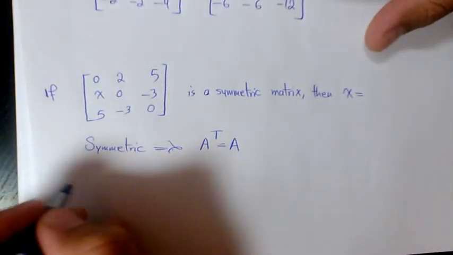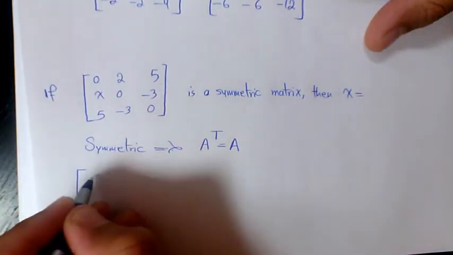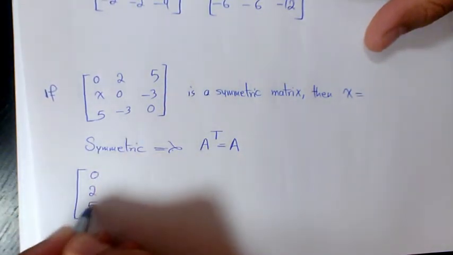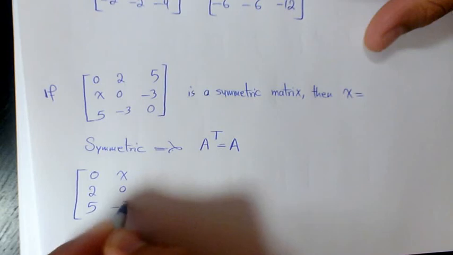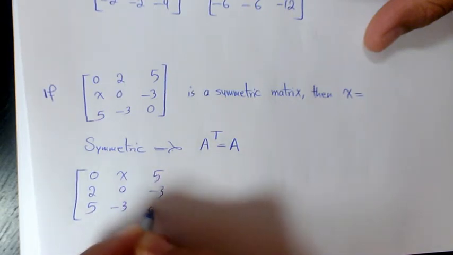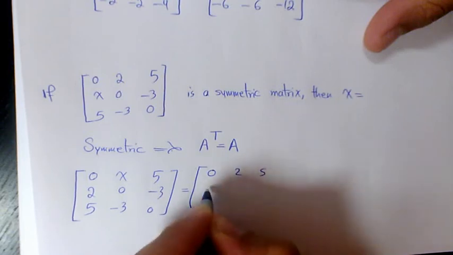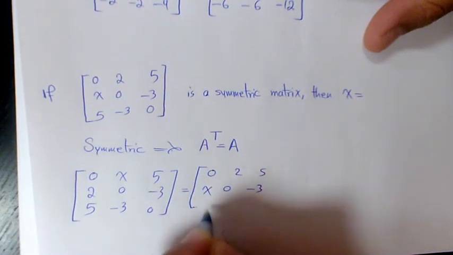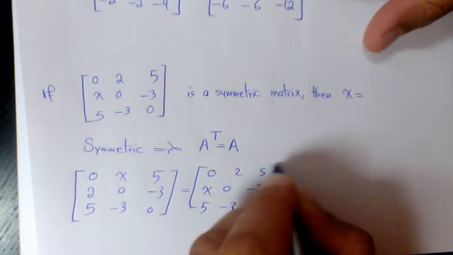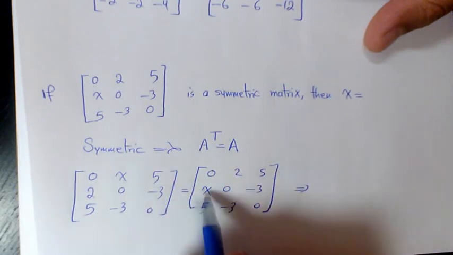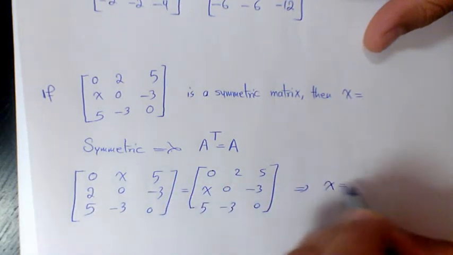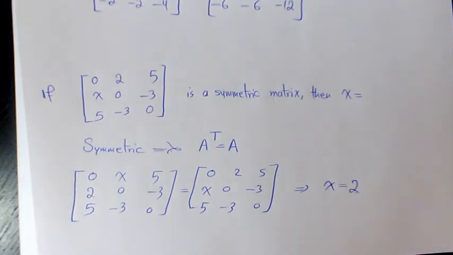So I'm going to write down the transpose of it, which is going to be 0, 2, 5, x, 0, negative 3, 5, negative 3, 0. That's going to be equal to 0, 2, 5, x, 0, negative 3, 5, negative 3, 0. So if you compare it, x must be equal to 2. So that's how we find out.